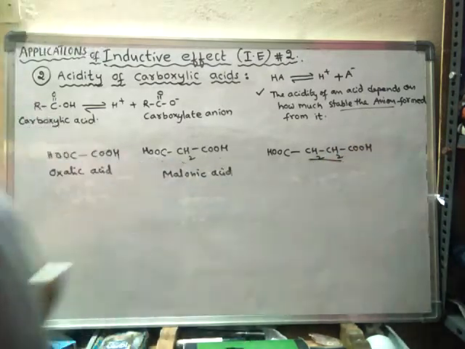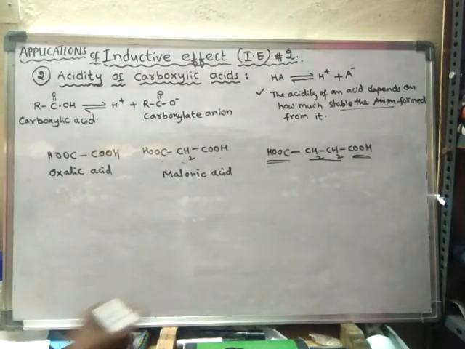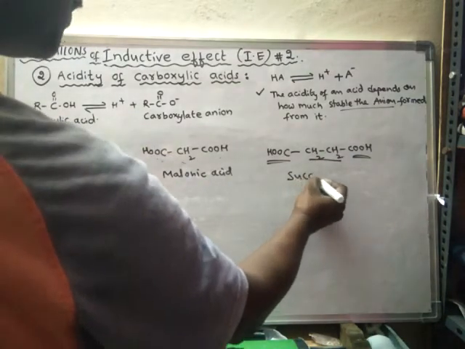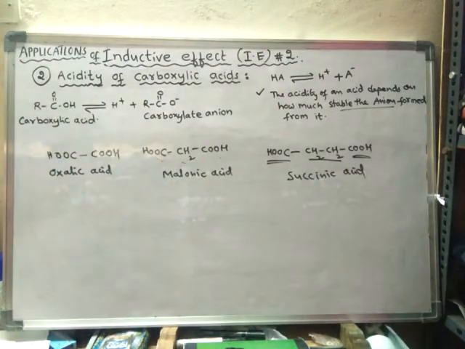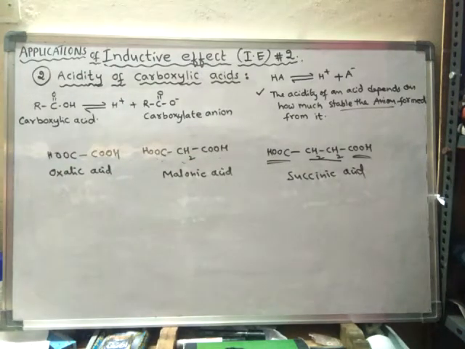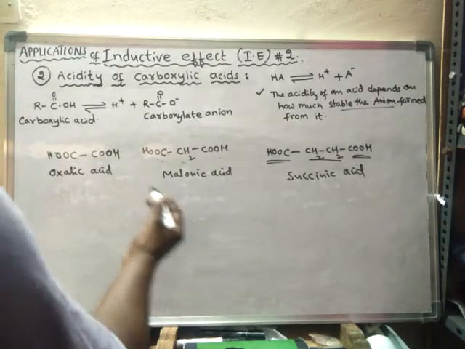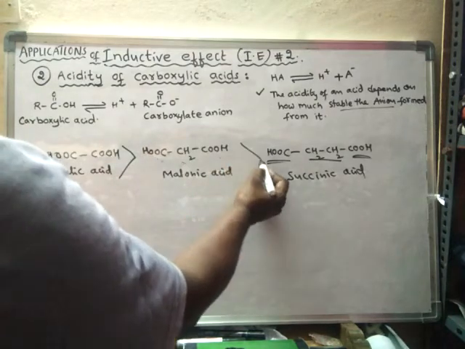Which one is the stronger acid out of these three? Comparatively, oxalic is more acidic than malonic, and malonic is more acidic than succinic.